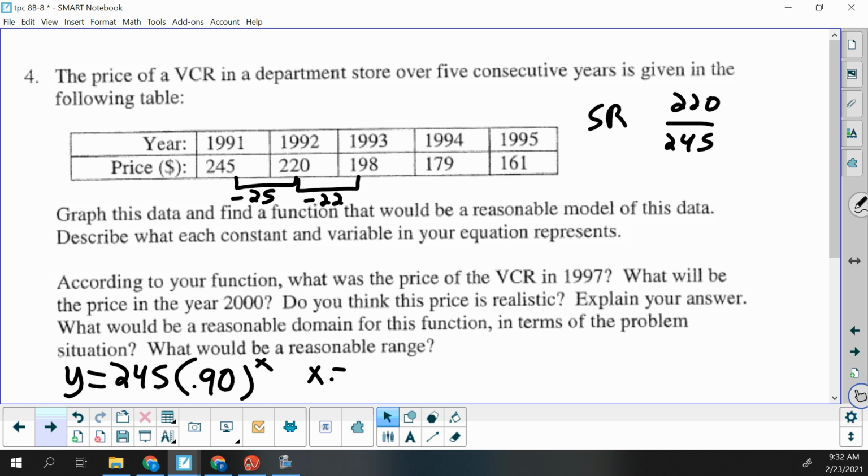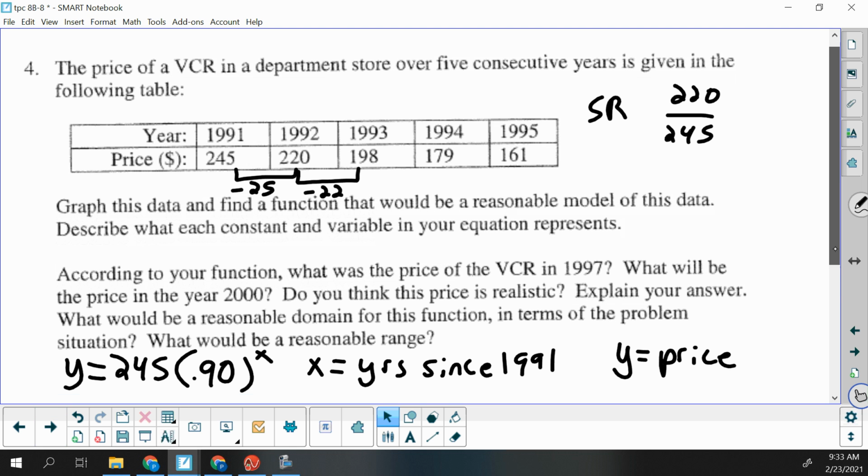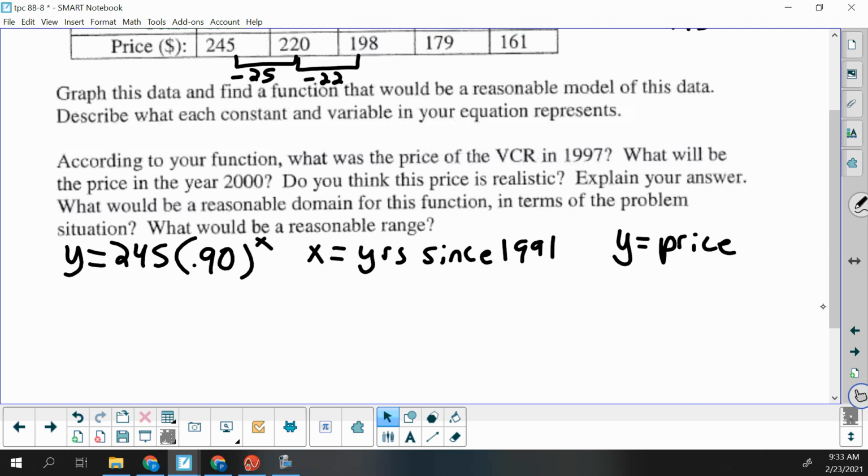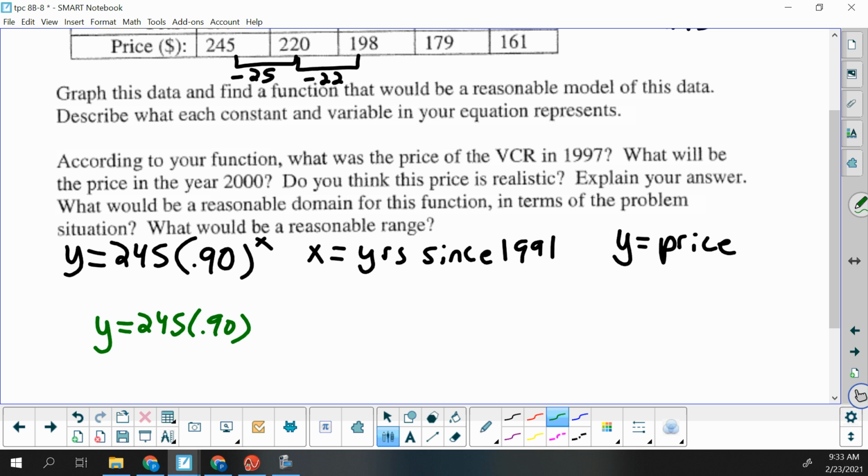So x is our years since 1991, and y is our price. So we want to find what is the price in 1997. So we're going to have y equals 245 times 0.90. And in 1997, we started in 1991, so that's 6 years later. So we'll give you a second to punch that in.